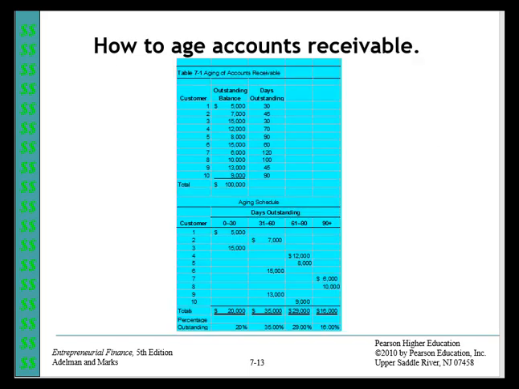So to earn this, here we have 10 customers. Here are their days outstanding. And what we do is we identify the amount of money that's owed to us between 0 and 30 days, 31 to 60, etc. And we look at these percentages. And you can see that about 16% of our clients owe us money for longer than 90 days.